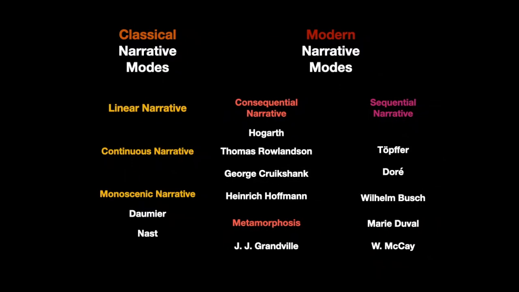The pictures are not arranged thematically, but there's this real story being told out, an original story being told out in pictures. Okay, so this is the consequential narrative. Hogarth, Thomas Rawlinson, George Cruikshank, Heinrich Hoffmann, all are people who worked with this idea of the consequential narrative.